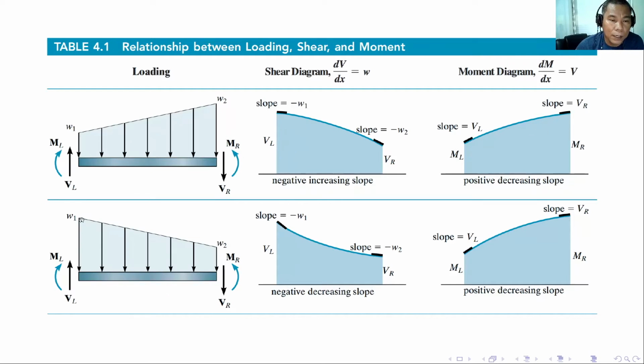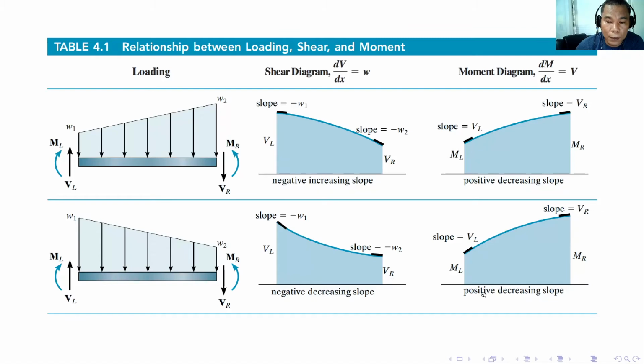And so with this type of loading, this is directly the opposite of the above loading. So the shear VL, and then the slope is decreasing. Again, it's a negative decreasing slope, and then we have VR at the right side.